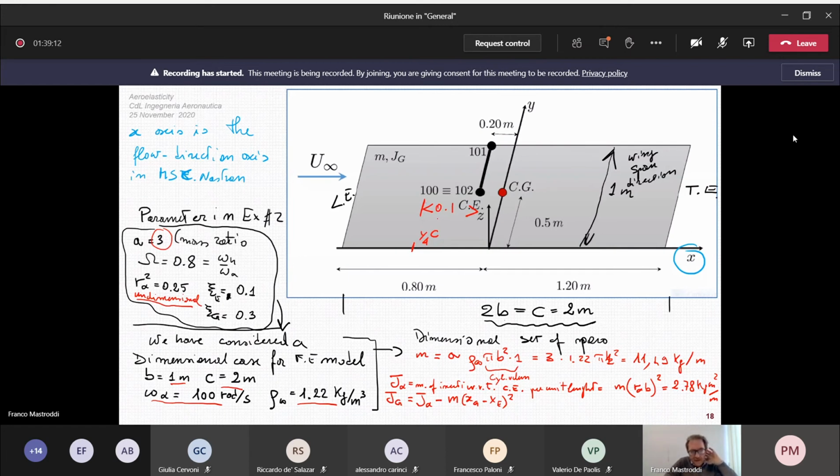In fact, look, the distance between the leading edge and the center of mass is 0.8. The distance between the elastic center and the center of gravity is 0.2, and therefore from here to here you have 0.1.